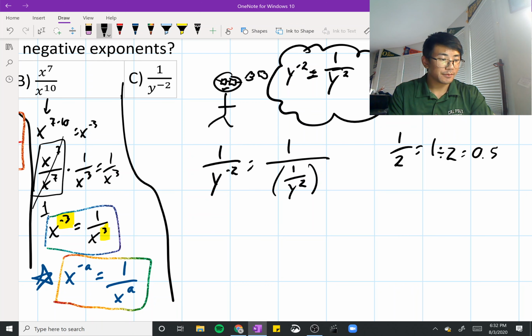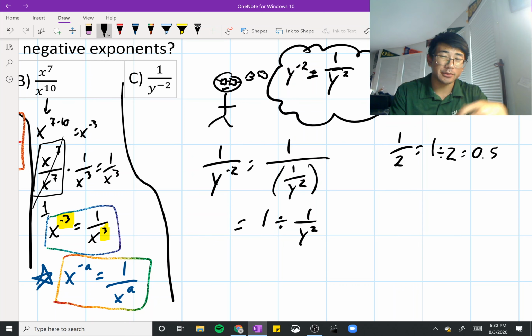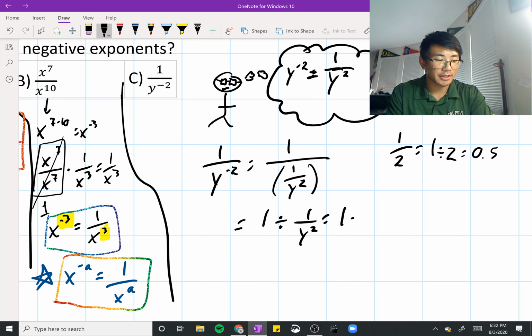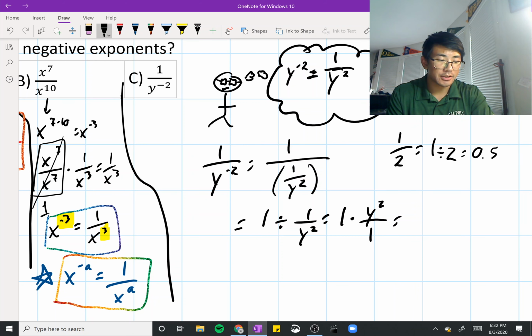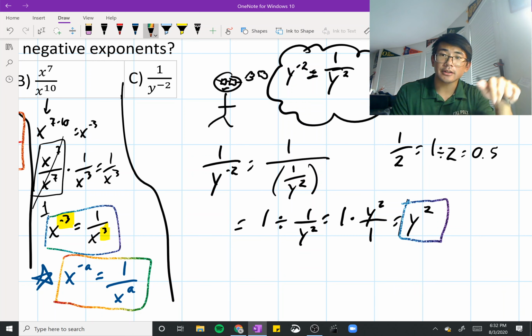And so really, this is equal to 1 divided by 1 over y squared. If you remember how to multiply and divide fractions, this just means 1 times its reciprocal, y squared over 1. And hey, 1 times anything is just the thing itself. It really just comes down to y squared. And that is our final simplified expression right there.